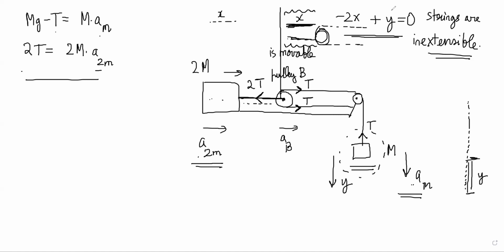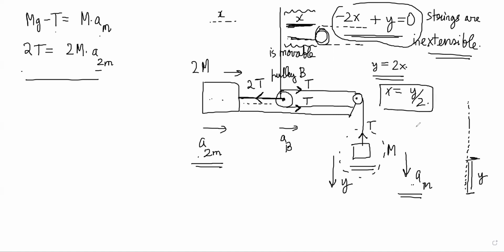Since the total string cannot change its length, you have y minus 2x equals 0. And if y is equal to 2x, that means the displacement of this mass is connected to the displacement of this pulley. When this mass moves by y, the pulley moves by x is equal to y by 2, right?